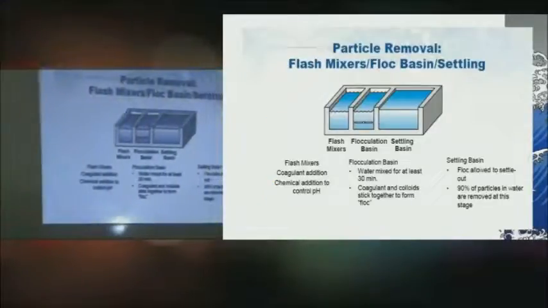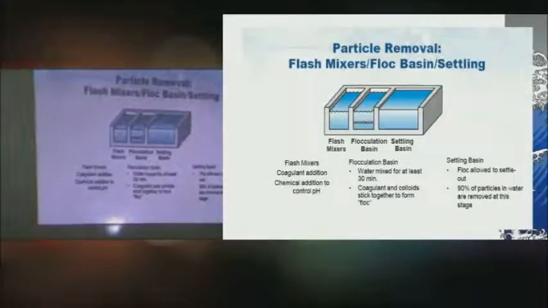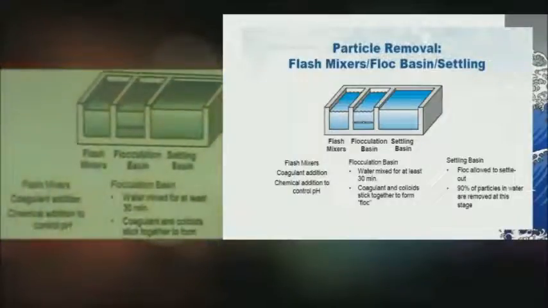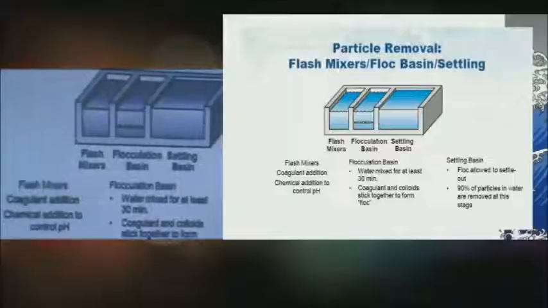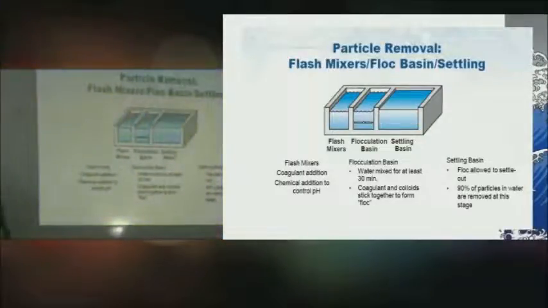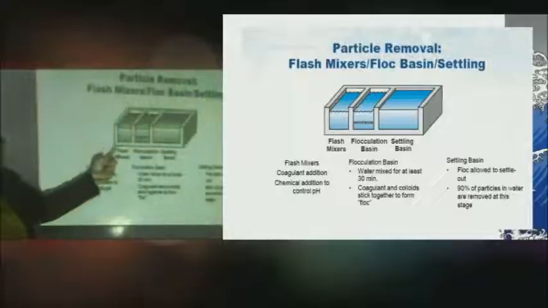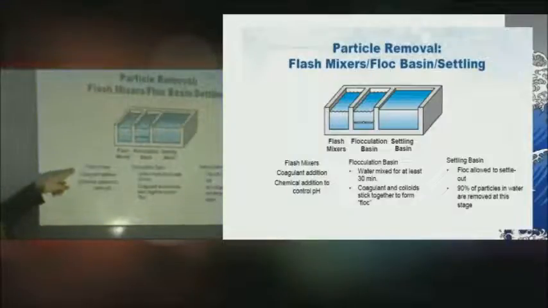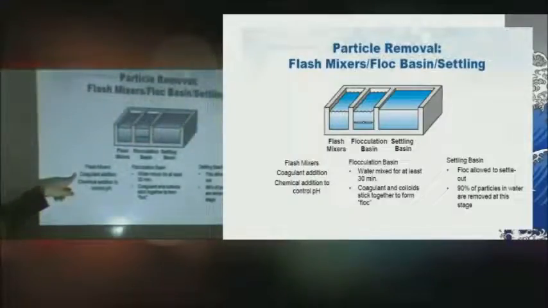Now, for the physical processes, normally in any water or wastewater treatment, you have several basins in series. For example, you have here the flash mixer, which is otherwise known as the coagulation tank. This is where you add the coagulant.